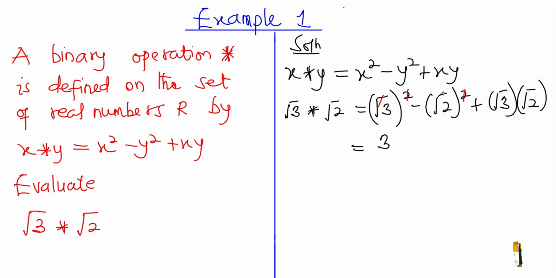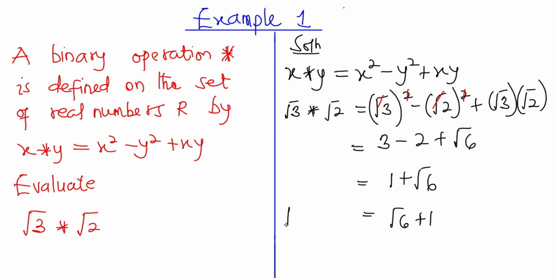The square cancels the square root sign, and we are left with 2. So plus, when we multiply these square roots, we are going to have square root of 6. Now we can see that 3 minus 2 gives us 1, so that is 1 plus square root of 6, and we can rewrite this as square root of 6 plus 1. So that is it. That is for square root of 3 star square root of 2.